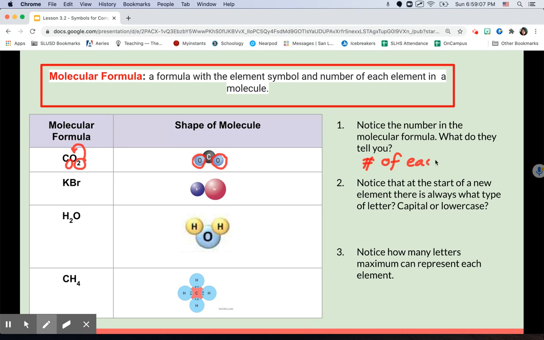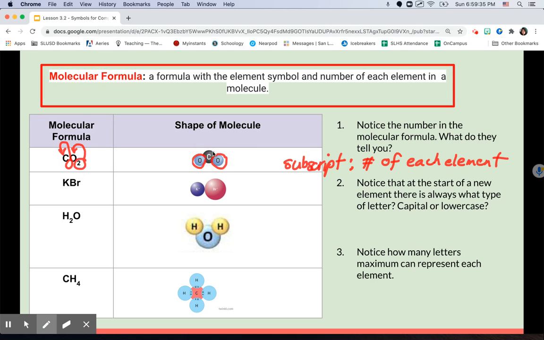Right? So that's what the number means. And we call this bottom number down here a subscript. Subscripts.